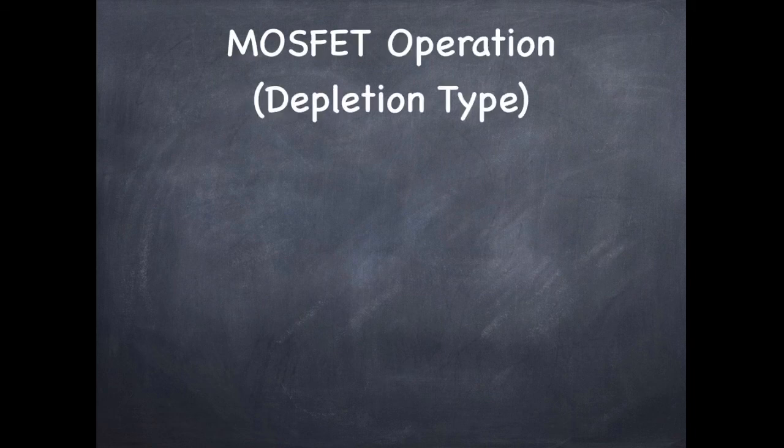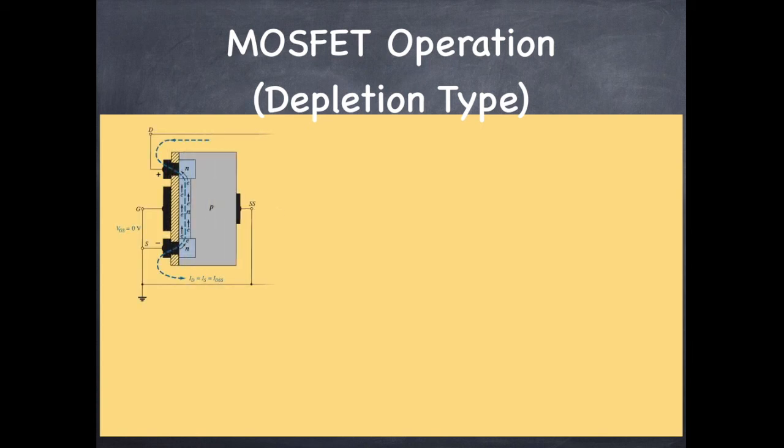Now we'll discuss the basic operation of MOSFET, the depletion type first. When gate to source voltage is 0 in depletion type MOSFET and VDD is applied across the drain to source terminal, this will result in attraction of free electrons of the N channel by the positive voltage applied at the drain terminal, which results in the current flow in the channel, right?